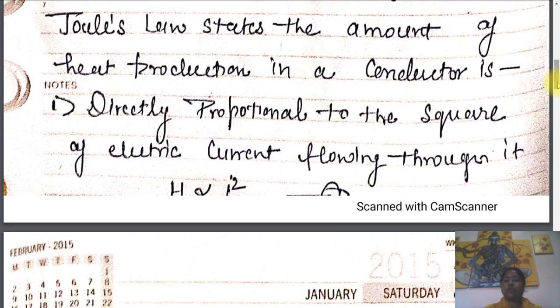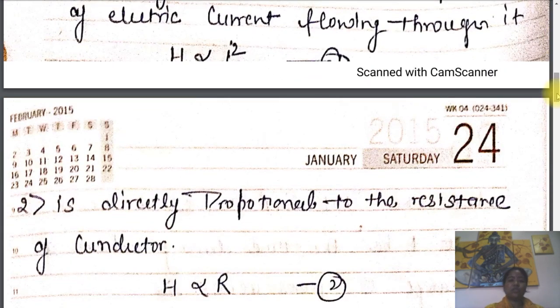In mathematical form, H is proportional to I squared. That means the more electric current flows in the circuit, the more heat is generated. This is the first factor.